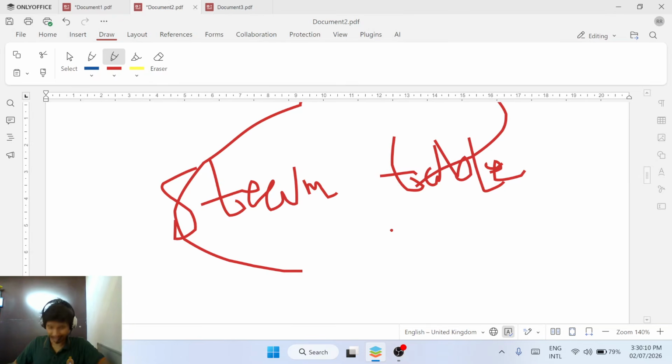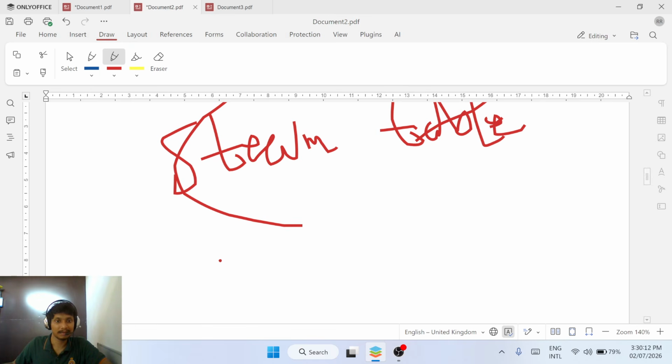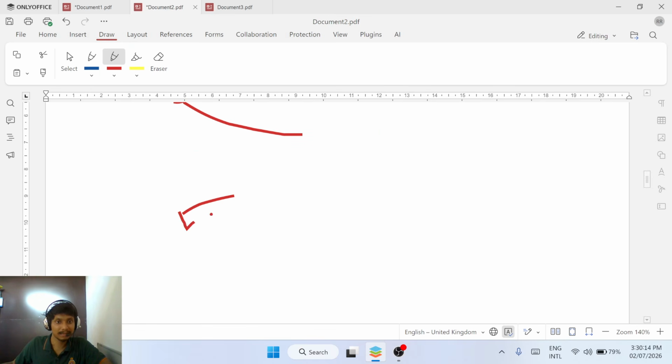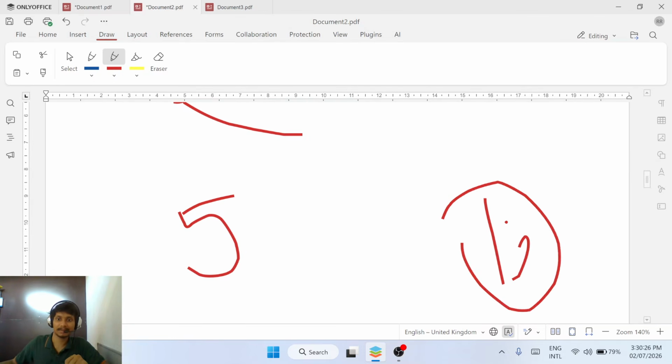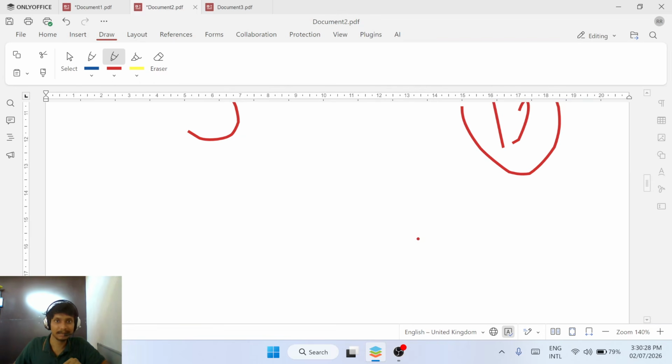In practical life, the steam table would be about 10 pages.